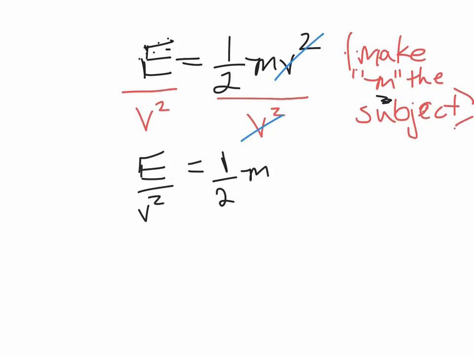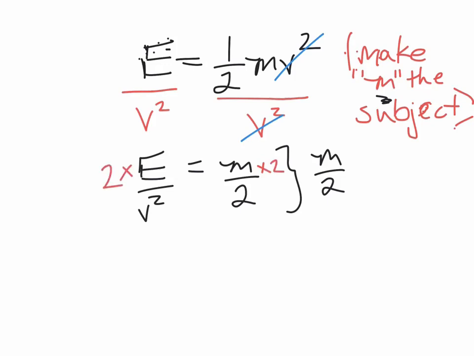Okay, so M's not quite isolated yet. Remember that this can be rewritten. I can rewrite this as M over 2, and it's going to make a little bit more sense to do that. So the next thing I'll do is multiply by 2 and multiply by 2.